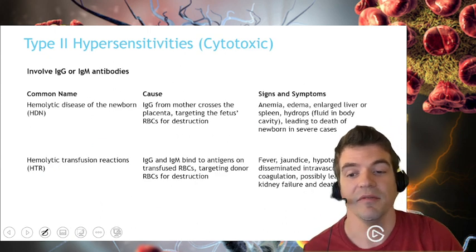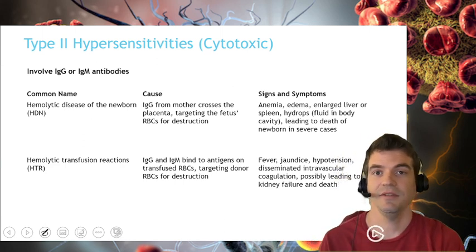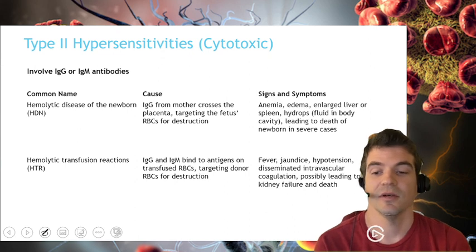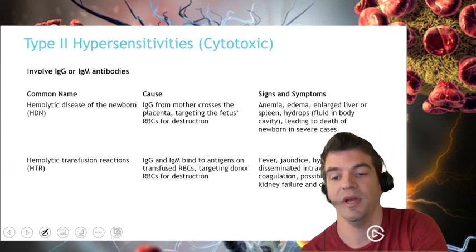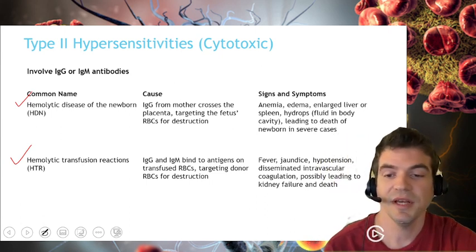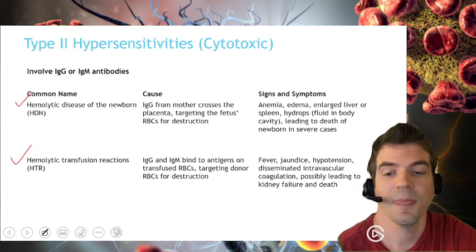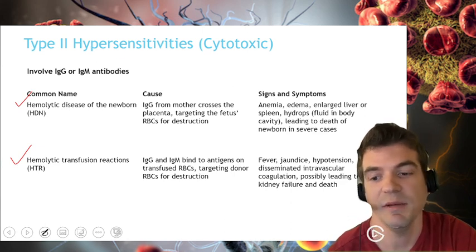We also have cytotoxic hypersensitivities, or type 2 hypersensitivities. These are going to be categorized by blood: hemolytic transfusion reactions and hemolytic disease of the newborn. Those both involve blood, hemolytic blood destruction.